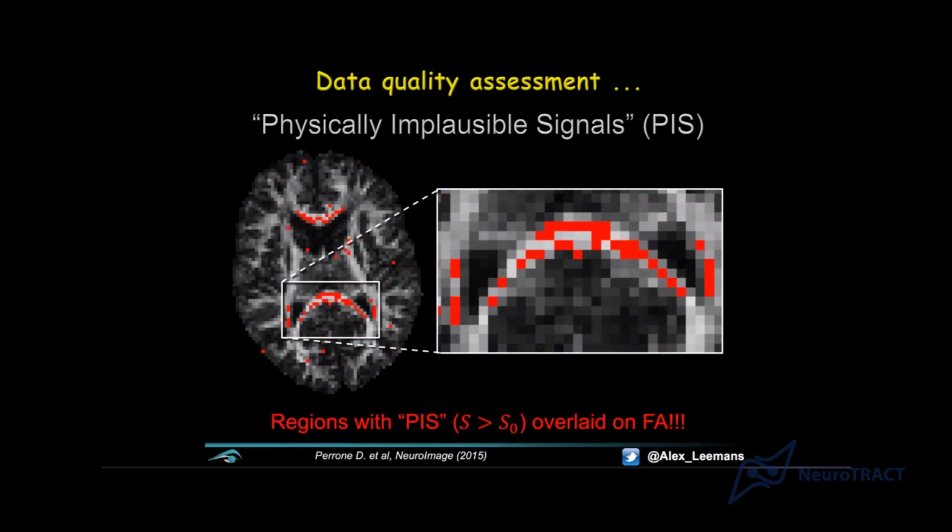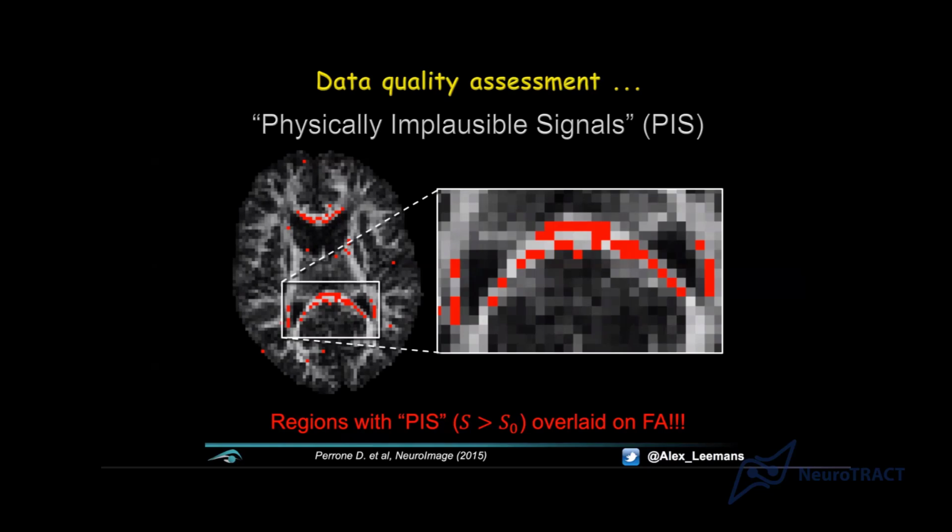Looking at the same area, what I'm showing you now is a fractional anisotropy map in the background. The grayscale image is an FA map, and on top of that I am showing you voxels in red that have an underlying diffusion weighted signal which is higher than the non-diffusion weighted signal.